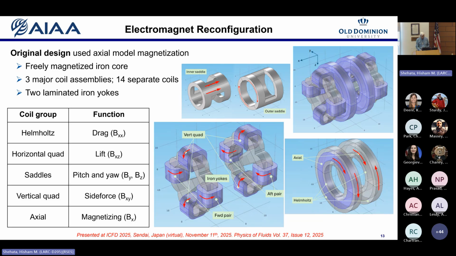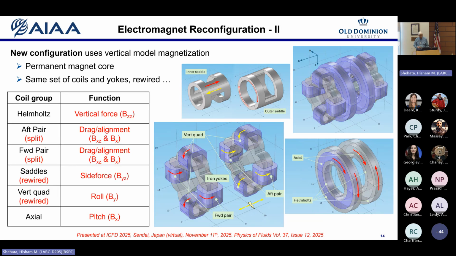If you look at the little table there, everything that turns red was changed. We basically rewired everything so that all of the field components got swapped around, and the axis of magnetization is now vertical, so transverse to the flow. That gives us a degree of freedom where there's basically no constraint in the yaw rotation. It's like a zero friction pivot in yaw.